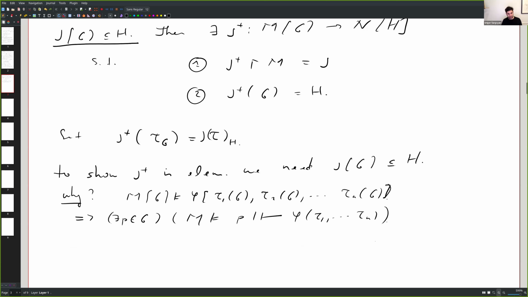Now I know that if I take p in G, then its image is going to be in H because of this condition.